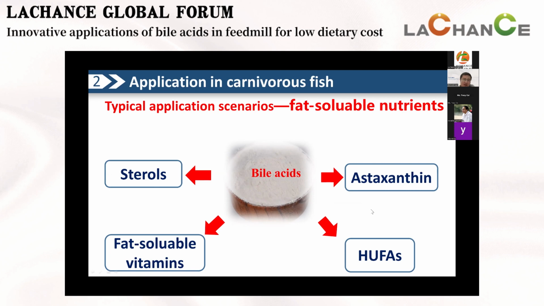And I think it's a very important point to reduce the feed cost, because some of the fat-soluble nutrients are very expensive. For example, the astaxanthins are very expensive. So bile acids can enhance their utilization and would be beneficial to reduce the cost of the feed.